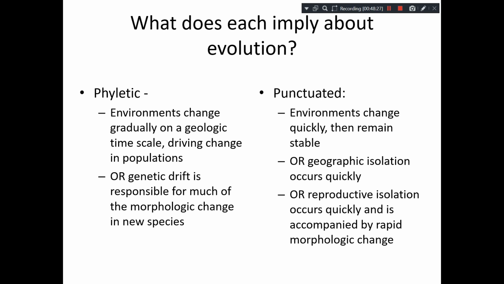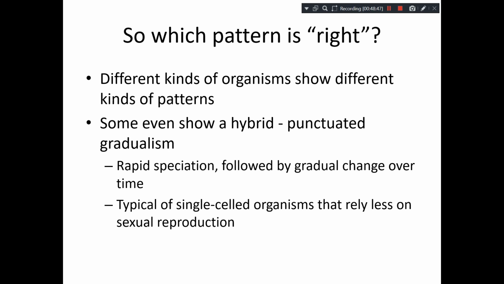Whereas in punctuated equilibrium, there is also a change in the environment, but it is a very quick change, then it remains stable. And there must be geographic isolation or reproductive isolation which occurs quickly, and that is continued also.